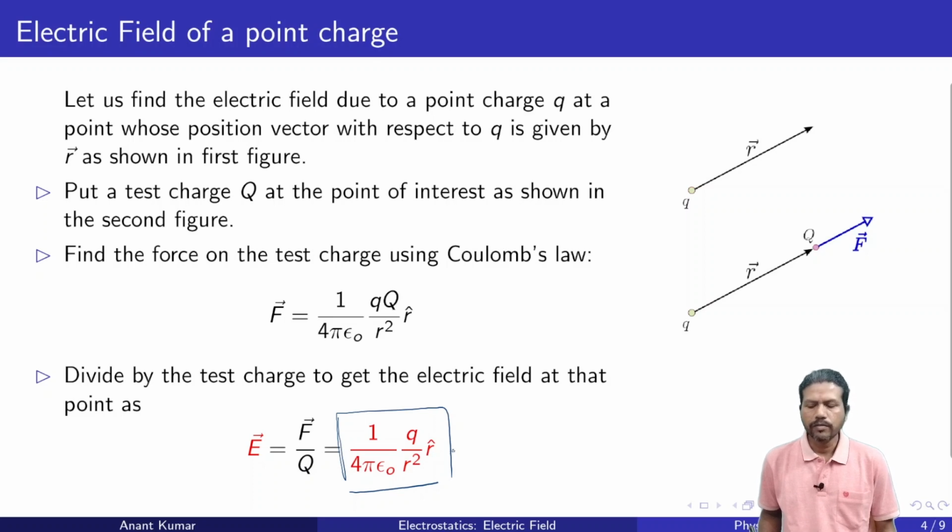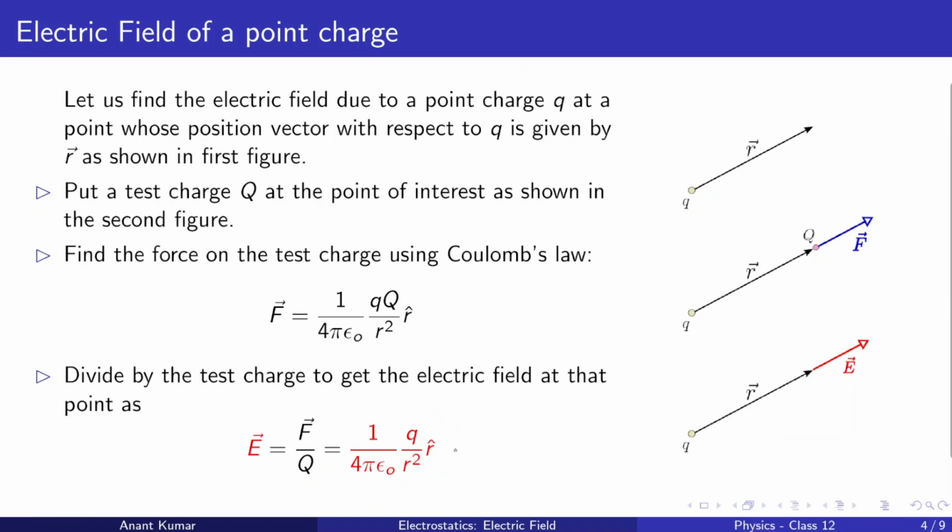If Q is positive, then this field is going to point away from the source charge, while if Q was negative, then a minus sign will appear here, which multiplies the r cap vector. That implies the direction is towards the charge.